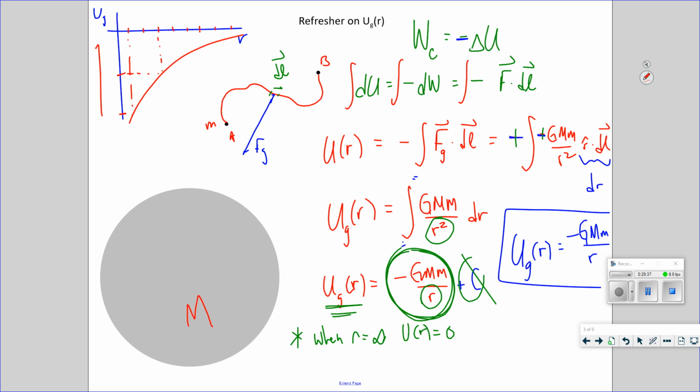This is more UG as we go up that y-axis. We get more gravitational potential energy as things get farther and farther apart, up to a UG max of 0.